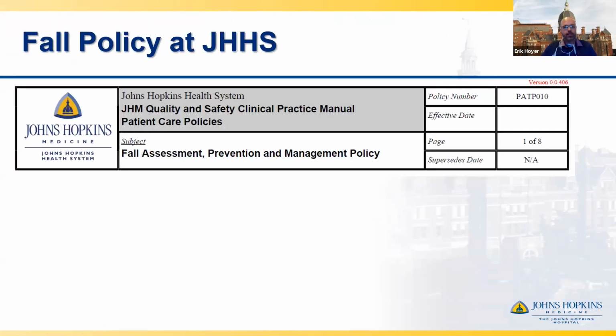So why is this important? We think that this concept of using somebody's capability and thinking about that within the context of somebody's fall risk is important. Members of the AMP team, and I'll give a shout out, for example, to Annette Leveza, have been working with the whole health system in developing a fall assessment, prevention, and management policy.